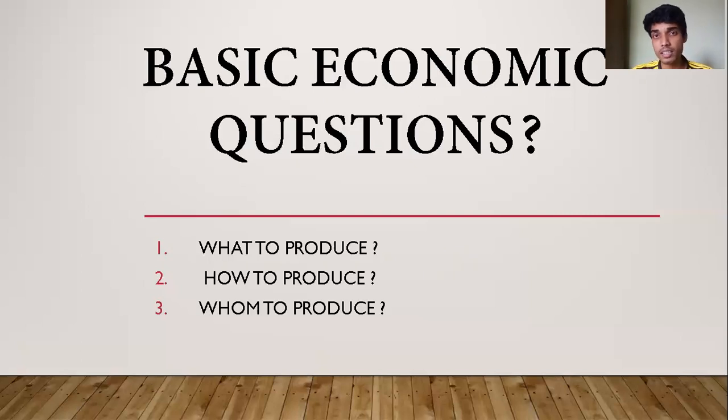The consumer will decide what to produce. That means I need a pen, or I need a vegetable, anything. The business will decide how to produce it, whether they use machinery, labor, or both.